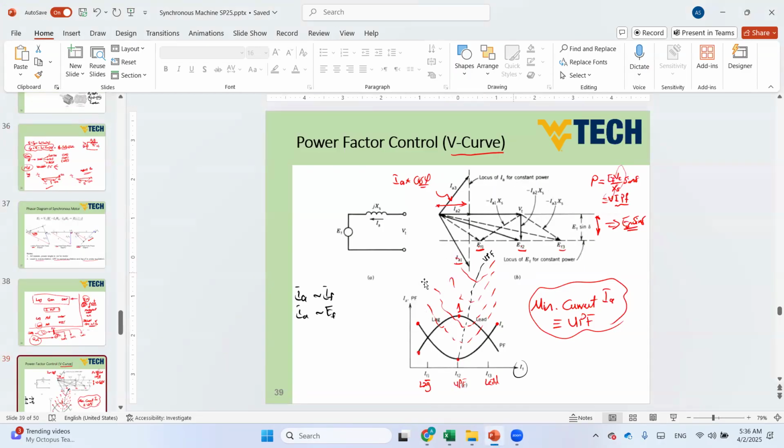And we derived together the V curve, and we understood that the synchronous motor can be used to compensate the power factor if the machine is not loaded, so it can be used completely as a capacitor.